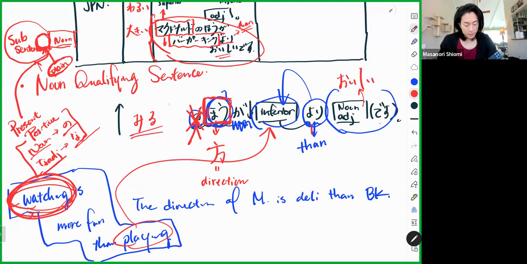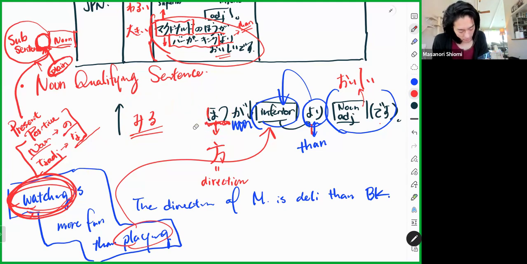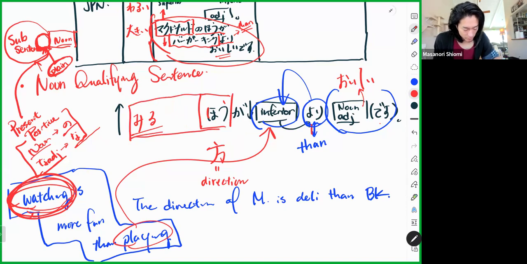So with that, we can just directly connect to the noun hou using the noun qualifying sentence. So with that, miru hou, right? Again, sorry, my writing just gets messier and messier. Okay, 見る方, the literal meaning would be the direction where I look, or the direction that I look. It's a literal meaning.